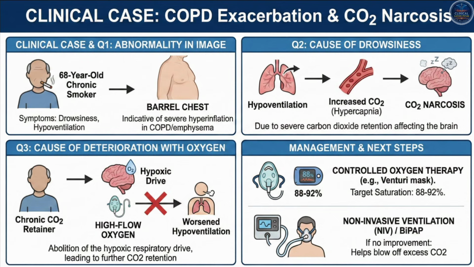First question: identify the abnormality in the image. The question asks about the abnormality in the image. The most striking physical sign depicted is the shape of the chest. The answer to write: barrel chest, indicative of severe hyperinflation in COPD or emphysema.